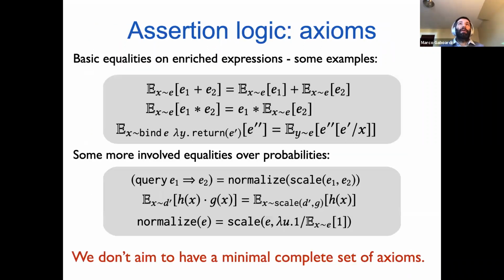What we have in addition in the assertion logic, to validate equalities like the one I showed you before, are basic equalities on enriched expressions. As an example, we know that we have linearity of expectation, so we will have an equation for linearity of expectation also in our assertion logic.